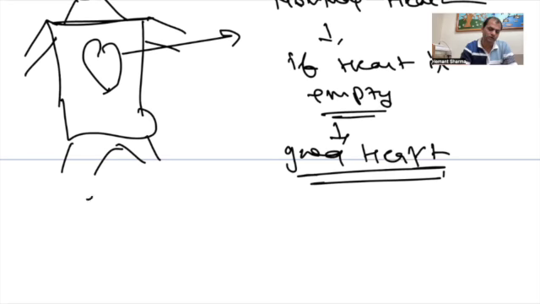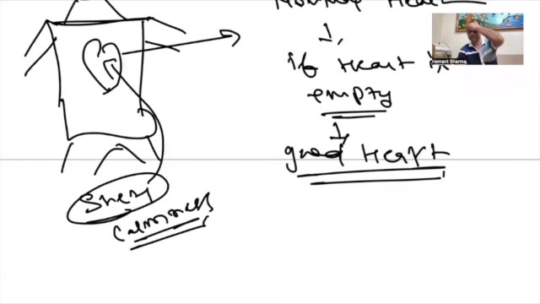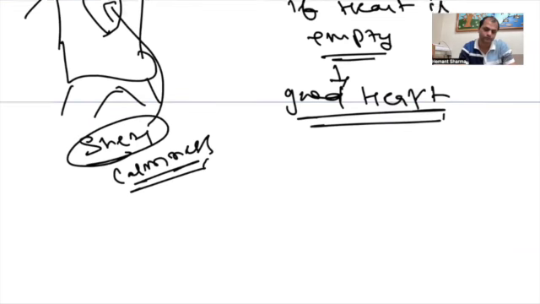That energy is called Shen. The Shen resides in the heart only if the heart is empty. Shen means calmness. तो अगर हार्ट हमारा खाली होगा तभी हार्ट में शेन का निवास होता है.